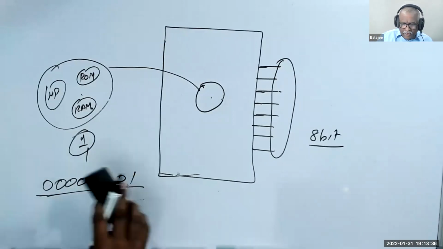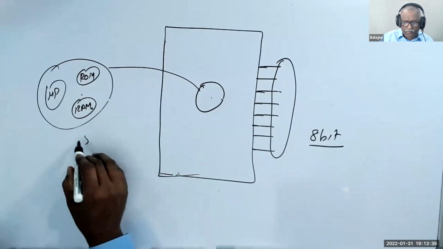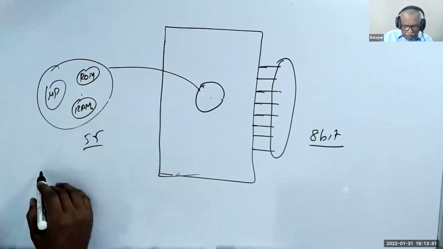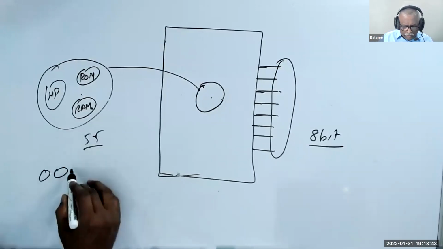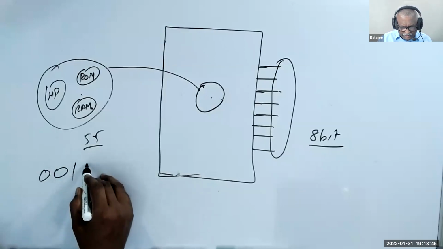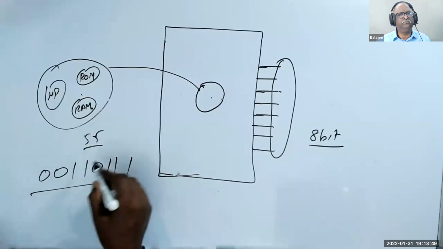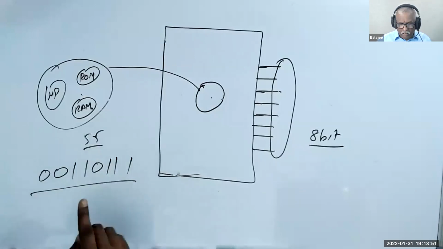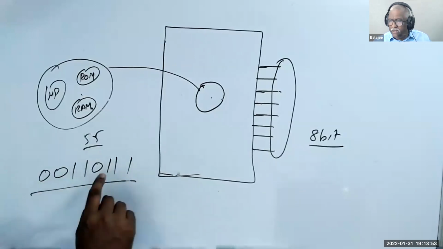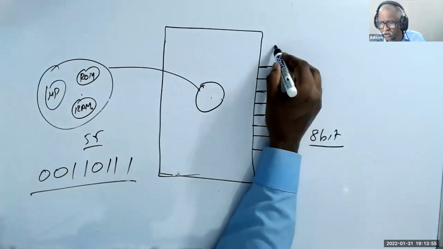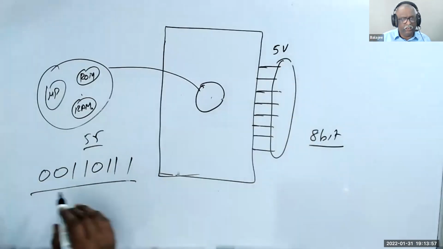This is what 1 is for him. If I tell him, hey, you out 55, he will convert 55 into 0, 0, 32 plus 16, 48 plus 7. You'll make this. For 1, here it is 5 volt. 0 means 0 volt.